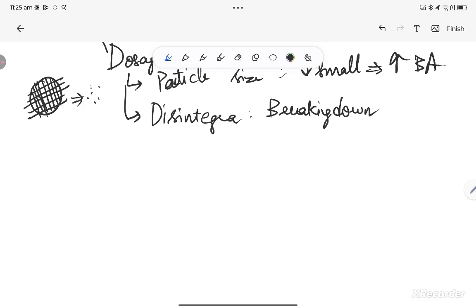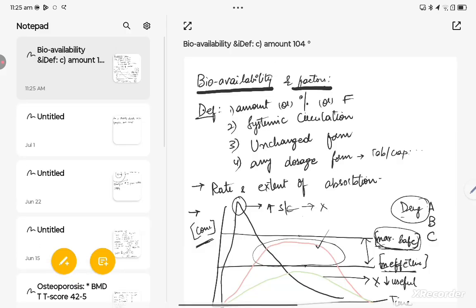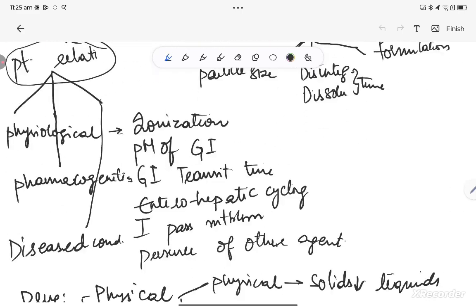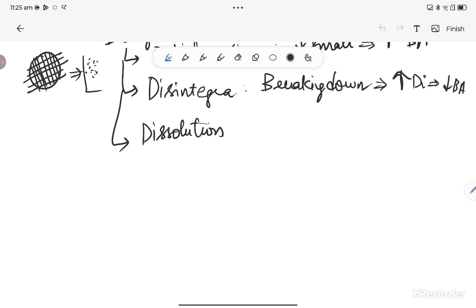So, more the disintegration time, less will be the bioavailability. Now we will talk about next parameter, that is dissolution time. All these smaller particles must be dissolved in our stomach fluids. Yes, so this is more the dissolution time, less will be the bioavailability. Am I clear with this?